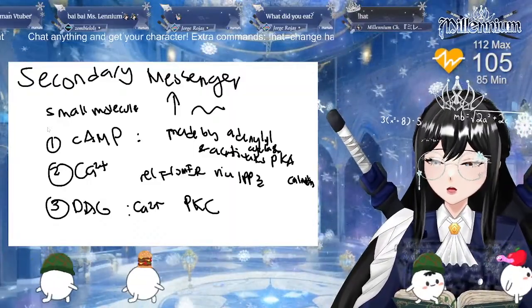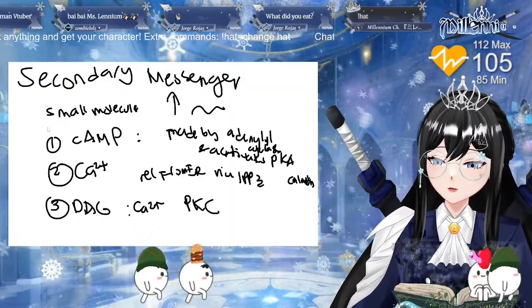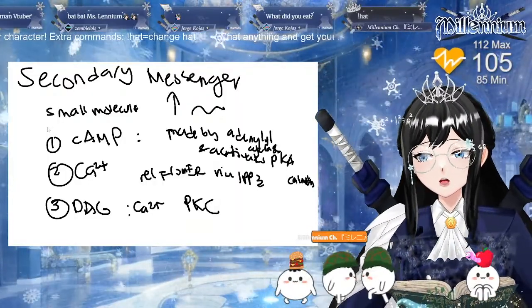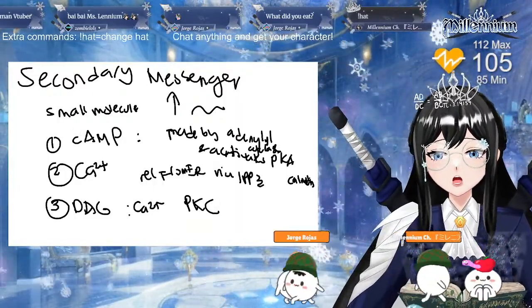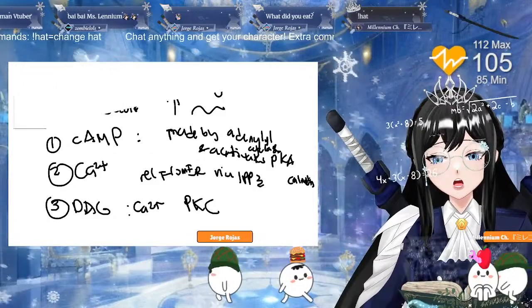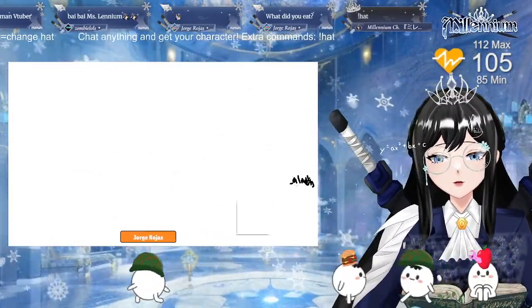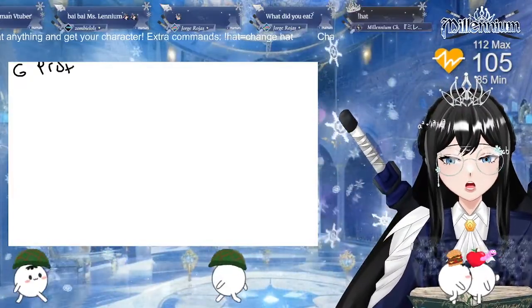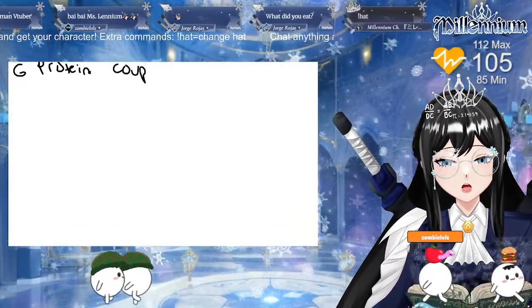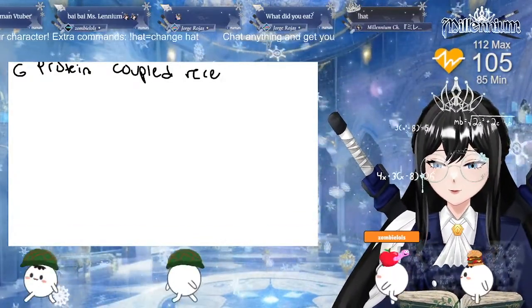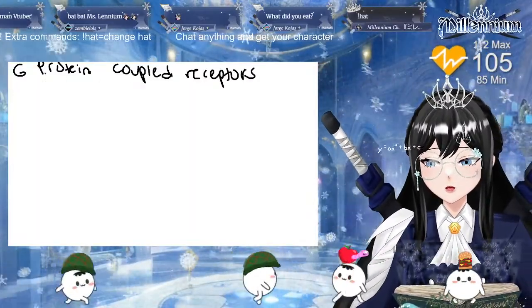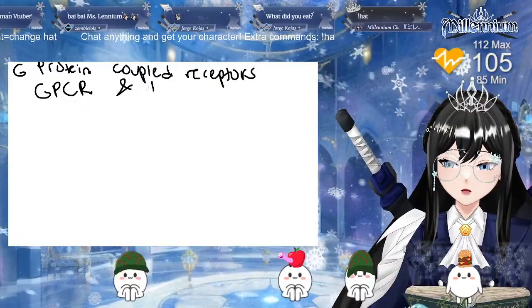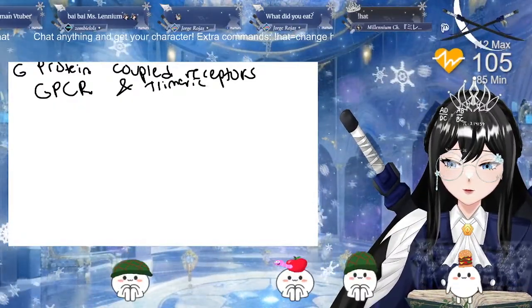I mentioned a couple of things earlier about the G protein coupled receptors, right? For the G protein coupled receptors, this is the GPCR, and you have the trimeric GTP binding proteins.